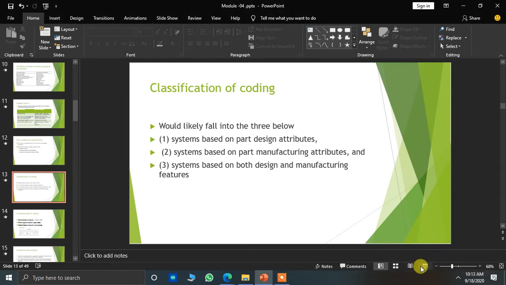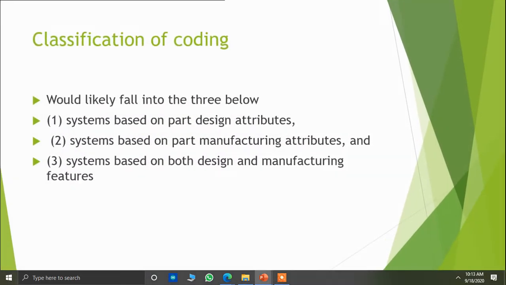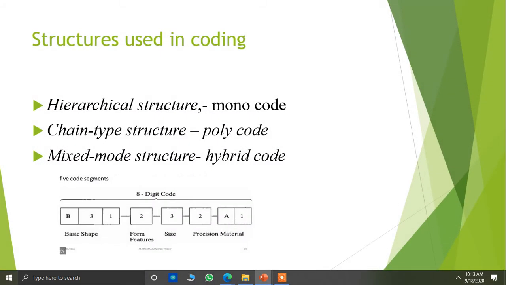So we have just now discussed the classification of coding. Now we'll move on to the next part, which is structures used in coding. The very first one is the hierarchical structure. That's a monocode, where it will tell you about the hierarchy of the parts. For example, if it is the machine as a whole, that's a huge item, so it will be given priority 1. Just like fabric as a whole will be given priority 1.